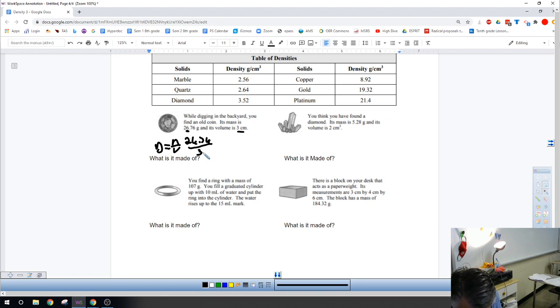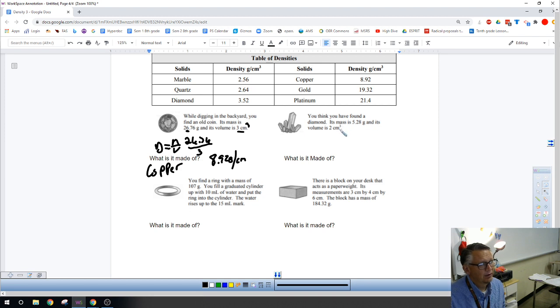That gives us 8.92 grams per cubic centimeter, 8.92. So that is a copper coin. Now, once again, when we're using density as a property, hopefully we find something close to it.